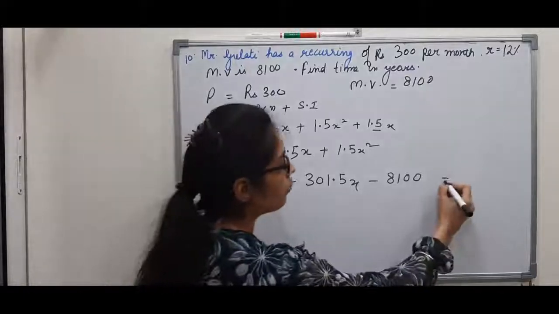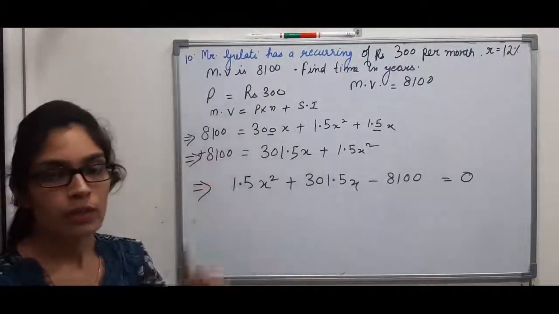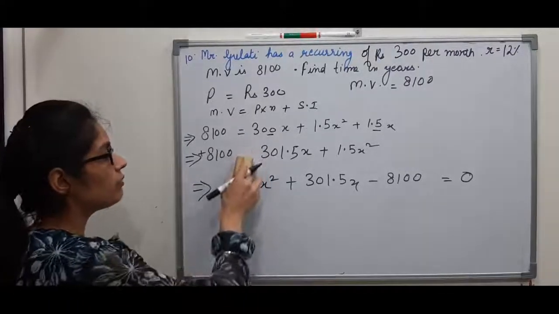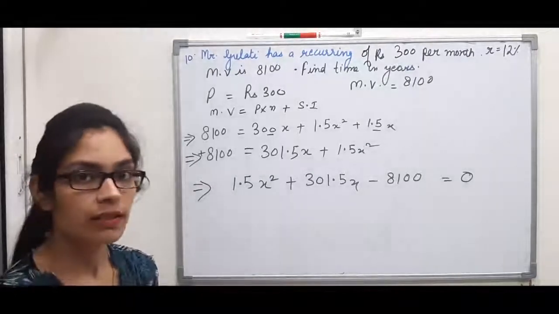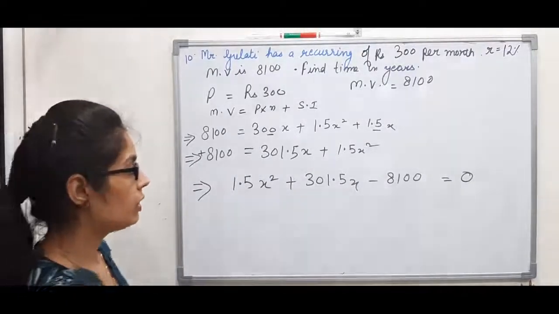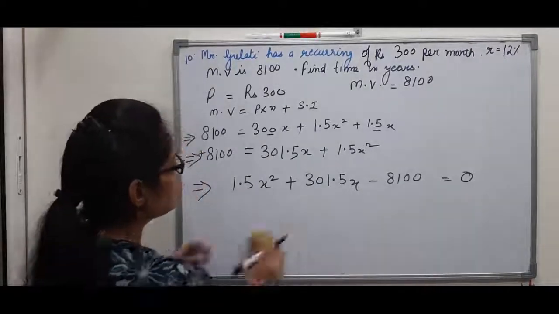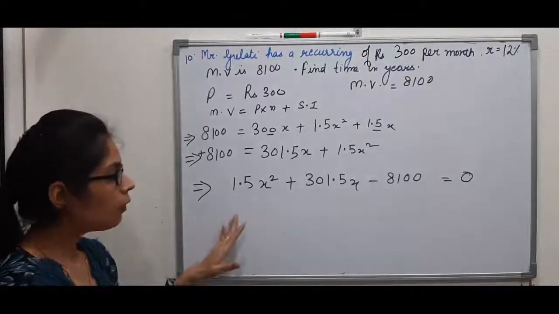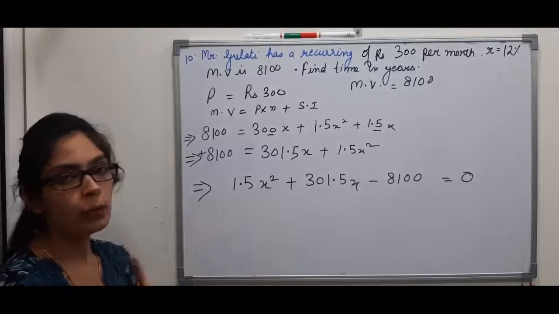I will put equal to 0, because everything I have shifted to one side. On the other side, nothing will be there, which means 0 is there. 0 means nothing. So you can see, I have got a quadratic equation. Now the coefficient of this should be 1.